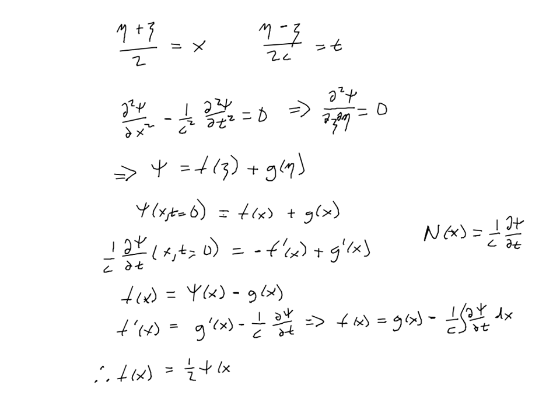So you have 1/2 psi of x minus 1 over 2c times the integral of the time derivative of psi dx. And g of x can be solved in basically the same way.